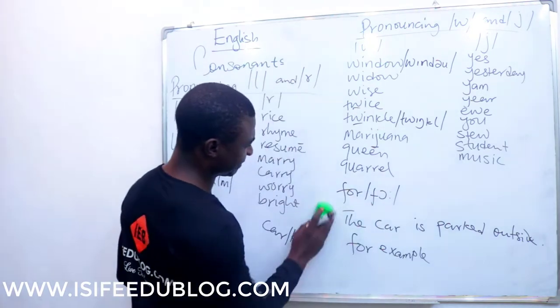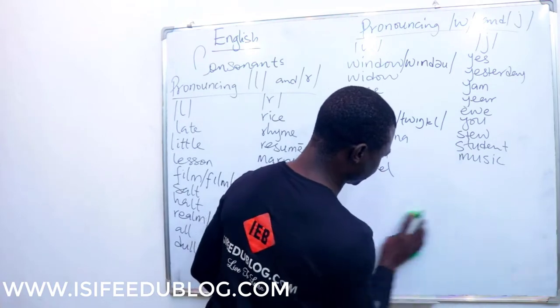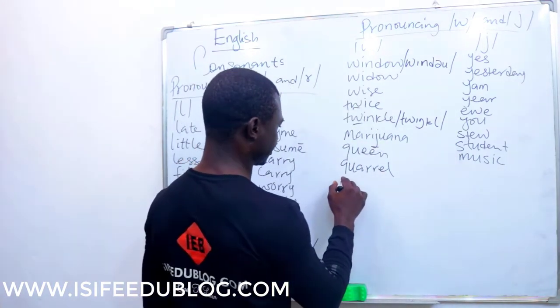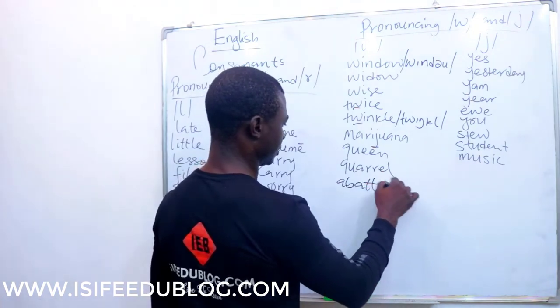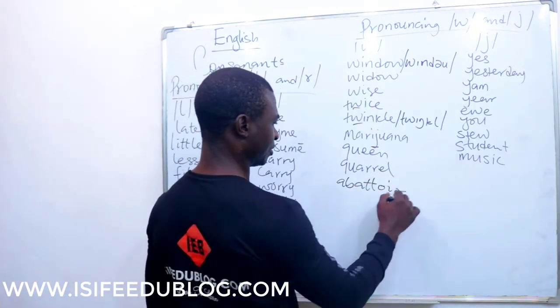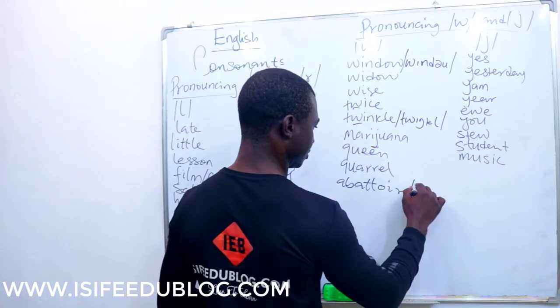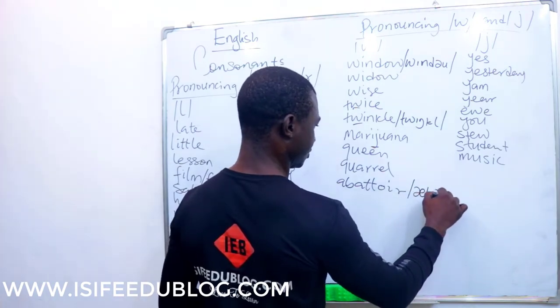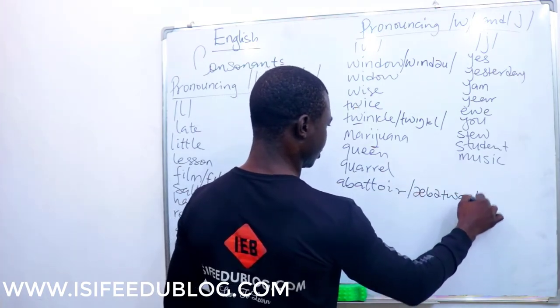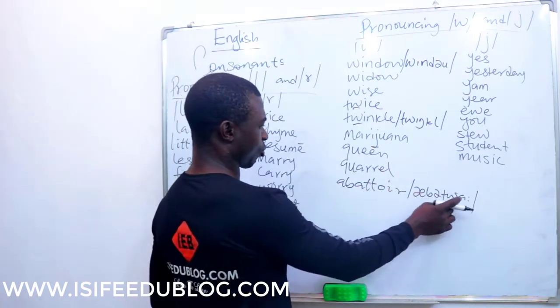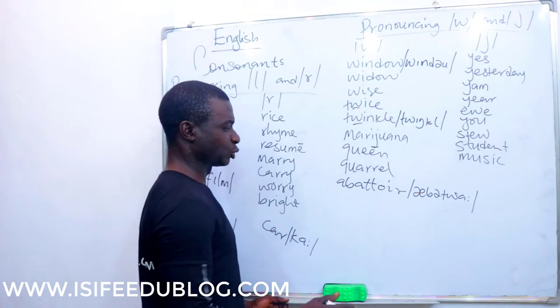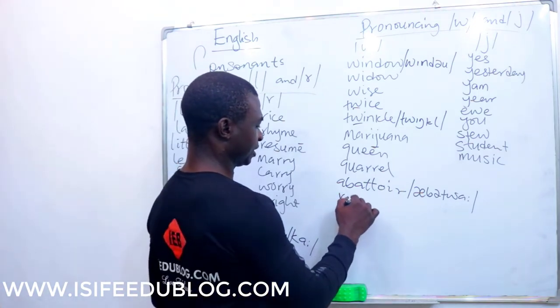I have a couple of other examples like abattoir. Alright? The OIR here has we and R, abattoir. You have it in reservoir.